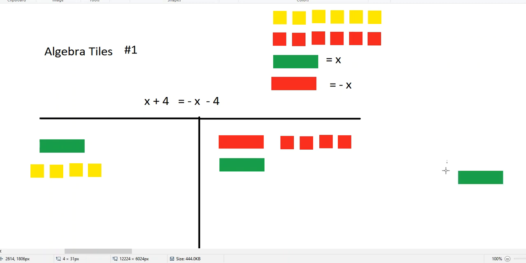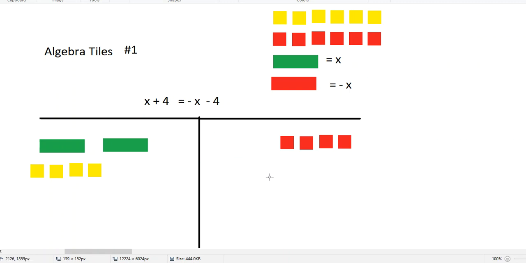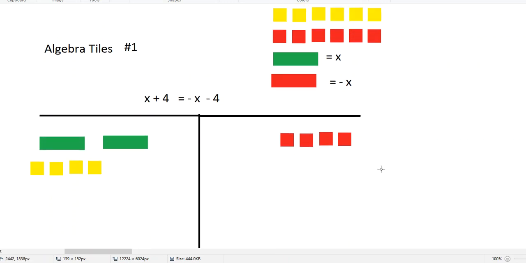Oops. I did not do that right. There we go. That just went away. Look at that. So we're now left with 2x plus 4 equals negative 4. Well, exactly how do I get this 2x by itself?